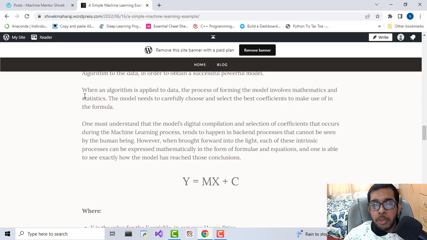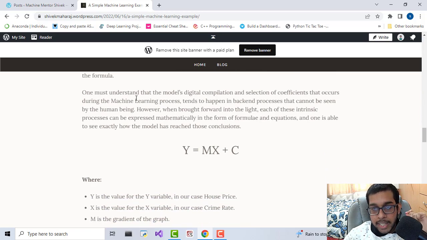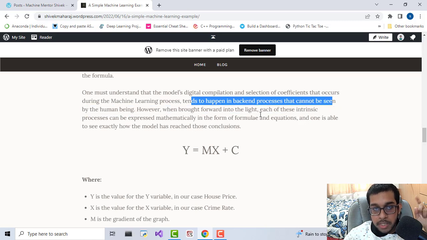The model needs to carefully select the best coefficients to use in the formula itself. One must understand that the model's compilation and selection of coefficients during the machine learning process tends to happen in back-end processes that cannot be seen by the human being.